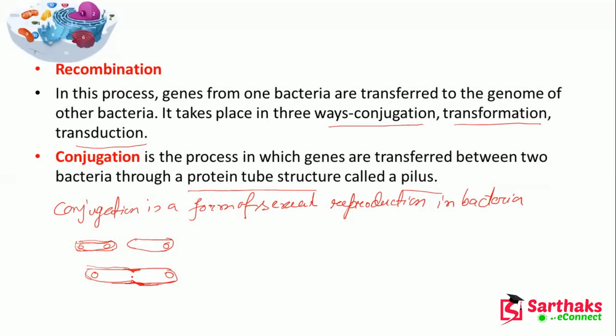After that you can see that the new donor will be produced. Okay, so first we have the chromosome of the bacterium and the pilus, then donor and recipient, and they are attaching to each other. After that a new donor will come out. Okay, so this is conjugation.